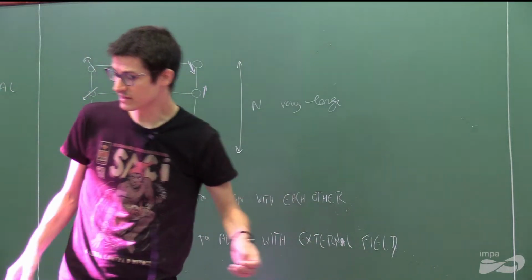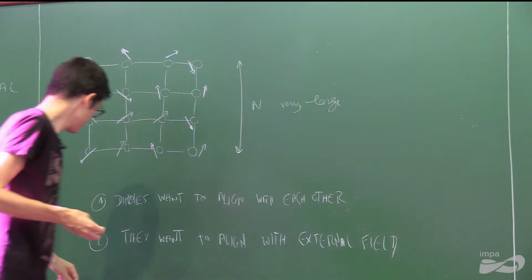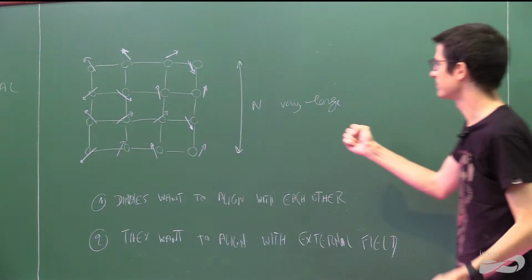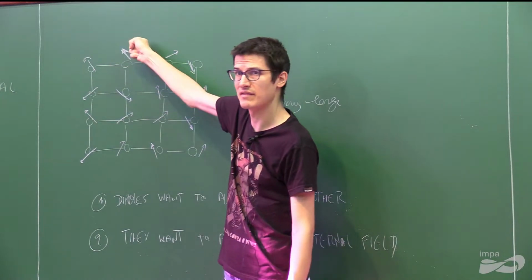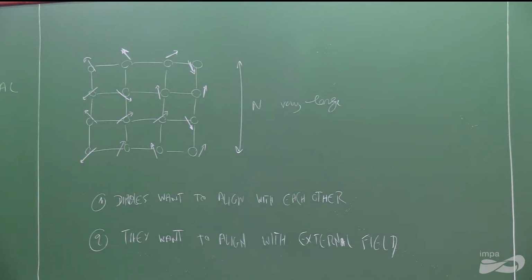So what we are going to do is, in fact, further simplify the picture. Instead of saying that our dipoles can have any orientation, we are going to make the orientation of the dipole completely one-dimensional. So they can be pointing up or pointing down. And this will simplify the analysis.